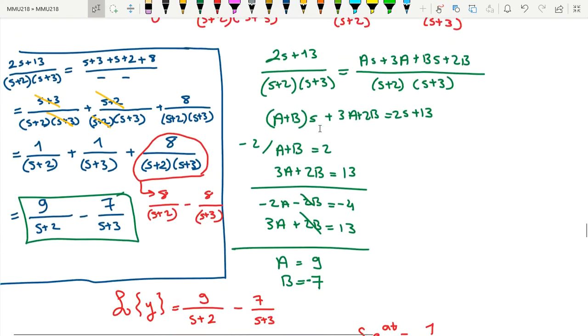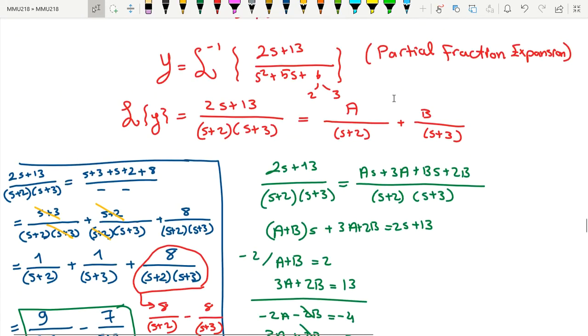So what could you do instead of doing a partial fraction expansion that might take you a little bit of time? I could think in a little bit clever way. For example, on top I separate these two s's like s and s, and use this 13 and take a 3 from that and a 2 from that, there will be 8 remaining.